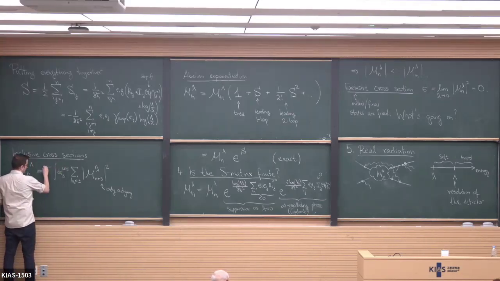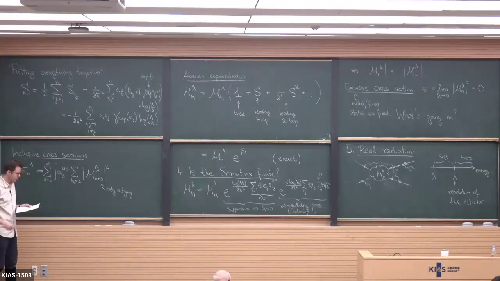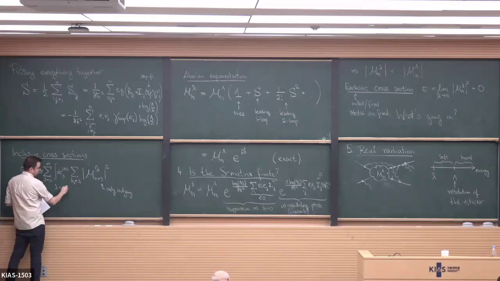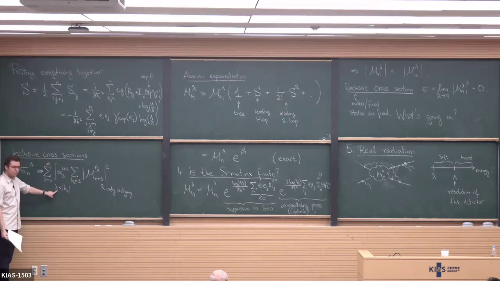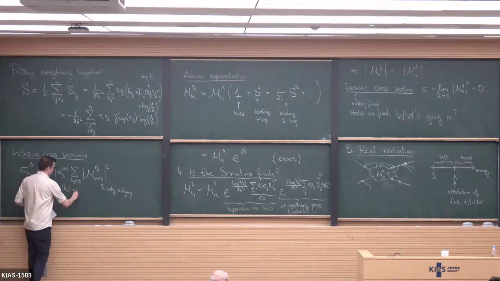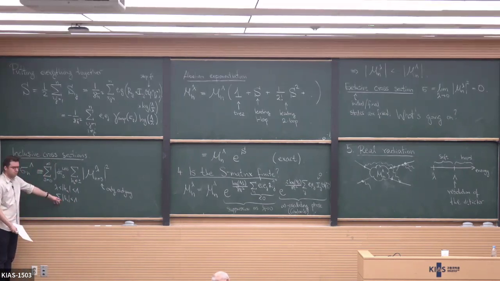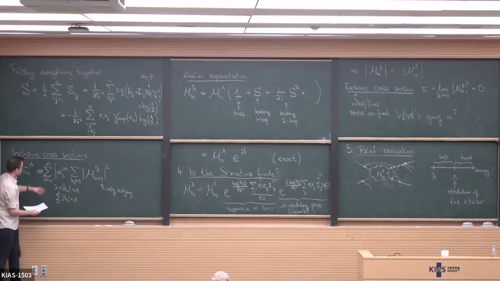And then, of course, I have to sum, as we've done over and over again, over the number of soft particles. I have to do it in such a way that all of the momenta, let me call them K, of the soft particles are above the cutoff, but also in such a way that the sum is below the resolution of my detector. So this integral has these conditions.